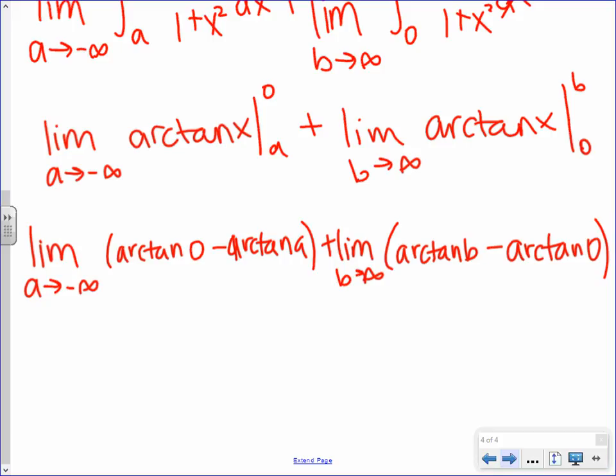Okay? So, what's the arctangent of 0? 0. Okay? So right now we have 0 minus, what's the limit as a approaches negative infinity of arctangent of a? Okay, so this is going to negative pi over 2.